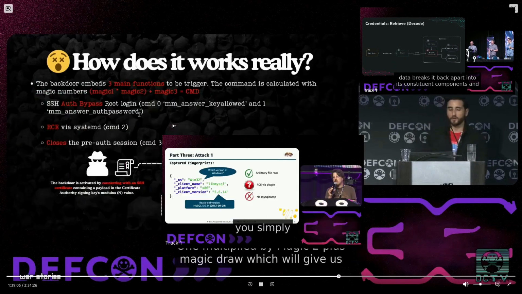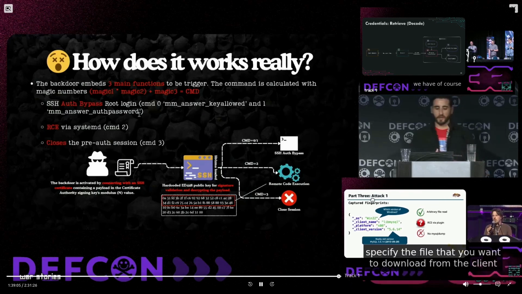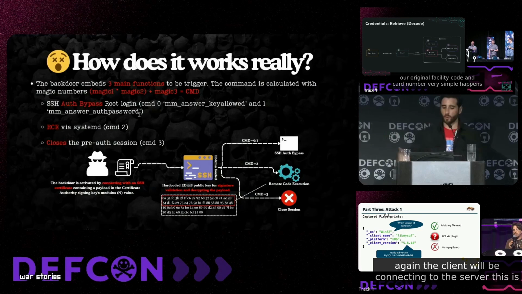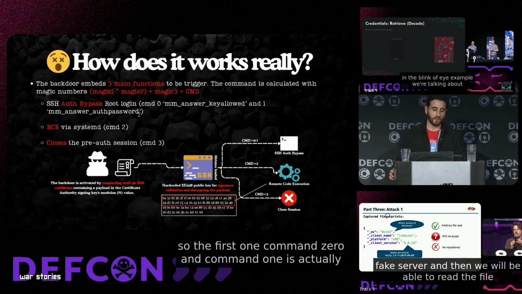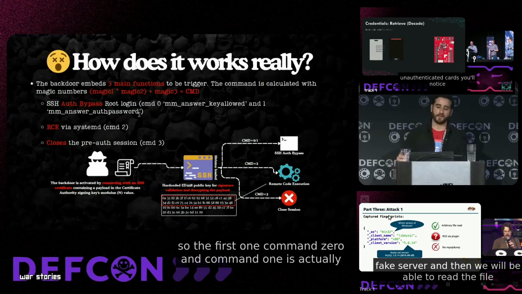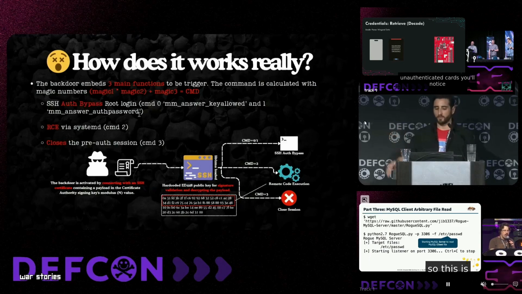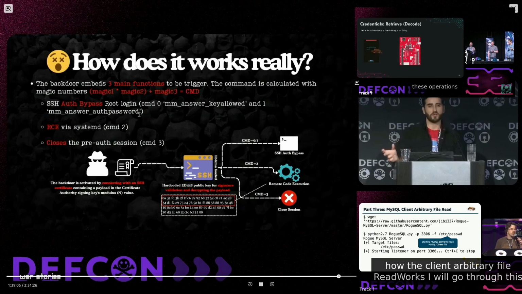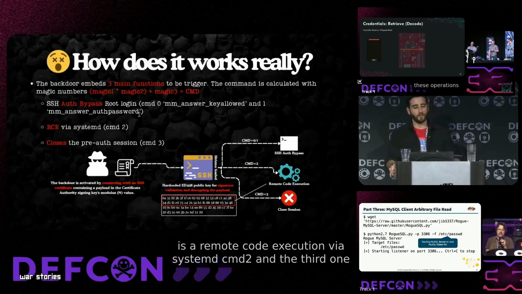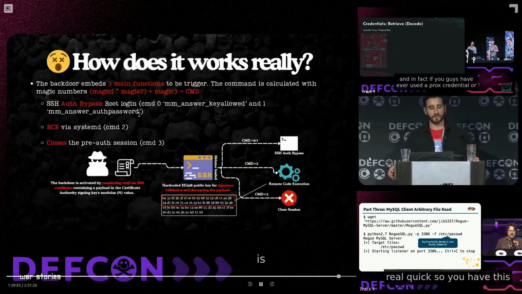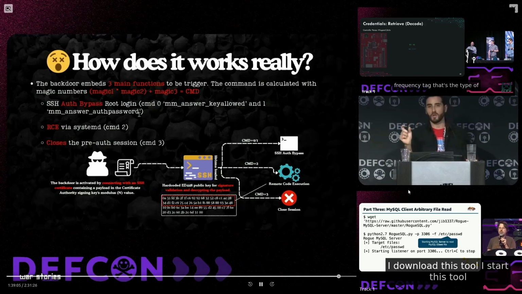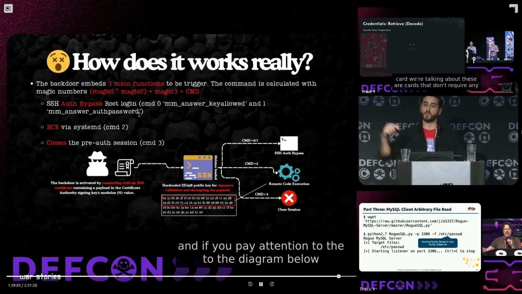But how does the backdoor really work? Remember, I said there are three main functions that have been hooked, and what is interesting as well is that the backdoor embeds three main commands to be triggered. To trigger these, there are three magic numbers, and an operation used by the backdoor itself: magic 1 multiplied by magic 2 plus magic 3, which gives the command number that will be triggered by the payload.